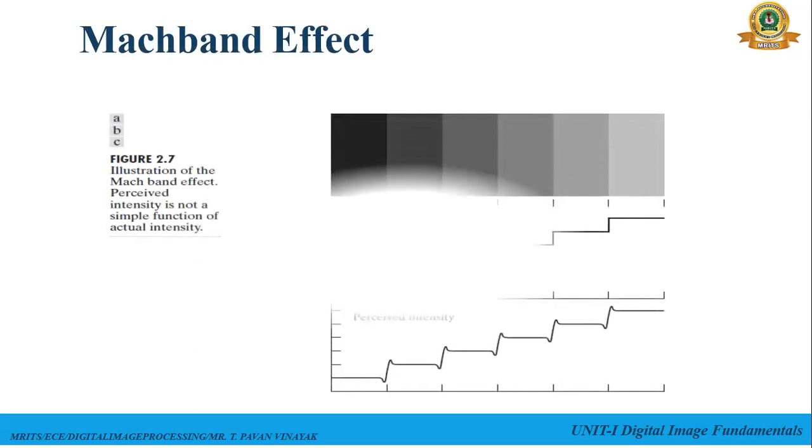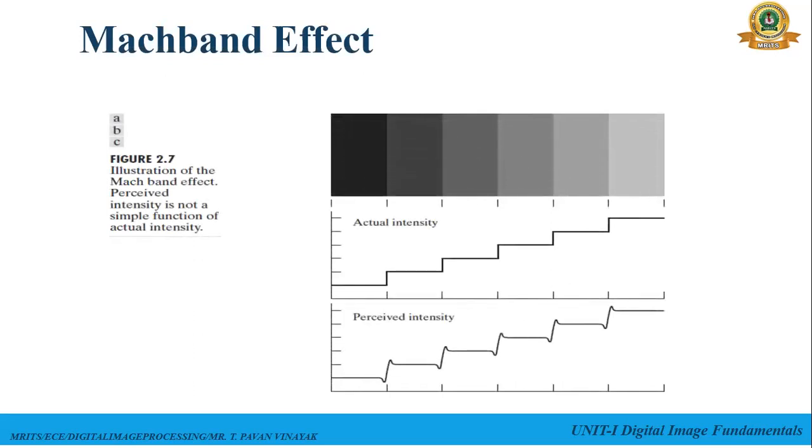What are those? Mach band effect. Observe this image. Here the region is very dark. Here some more bright, some more bright, some more bright. Right? You are visualizing this. But actually the intensity values are like this.